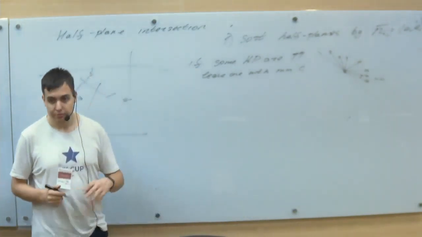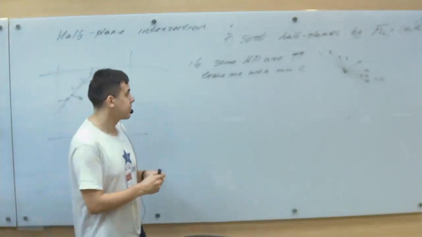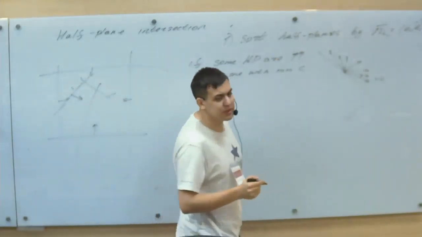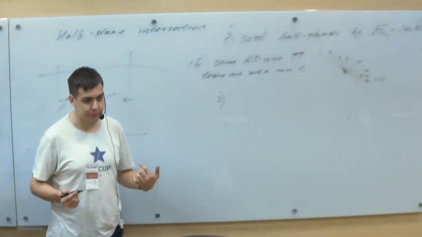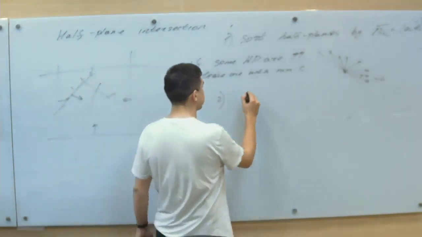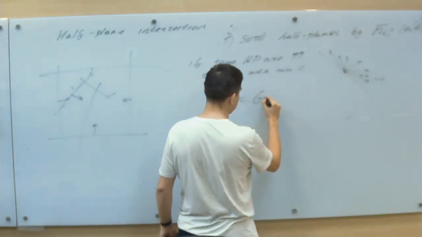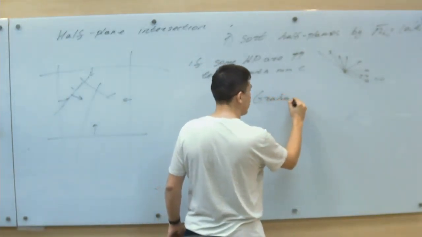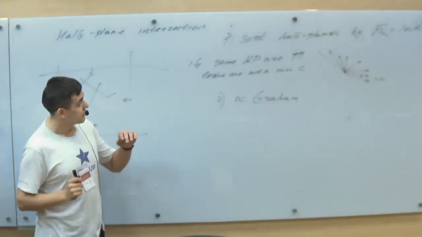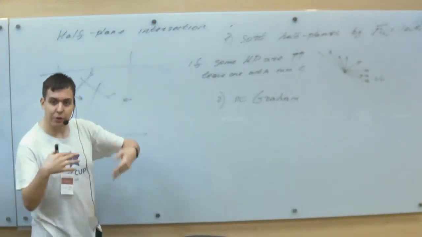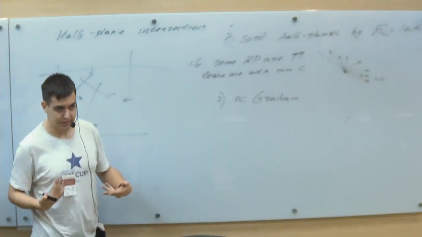Okay, so now after we've sorted, then we do something similar to the Graham scan that we did before, the same one as in convex hull. In fact, the half-plane intersection and convex hull are dual problems, right?